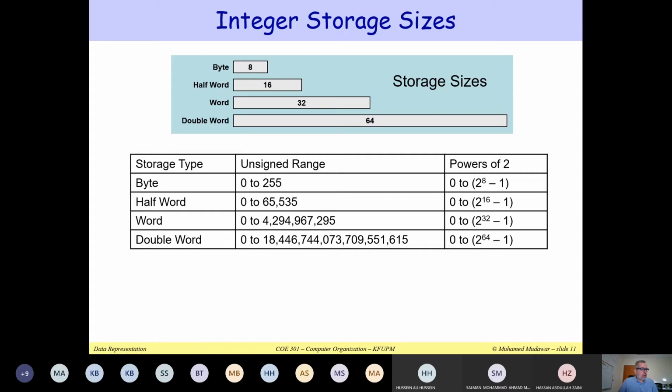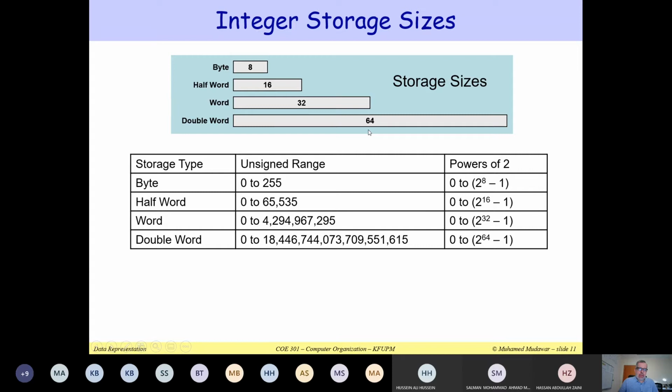In the MIPS 32-bit architecture that we are going to study in this course, all the registers are 32 bits. So when we store an integer inside a register, it's a word. We can also store it as a word in memory, 4 bytes in memory. Half word means 16 bits, and double word means 64 bits.